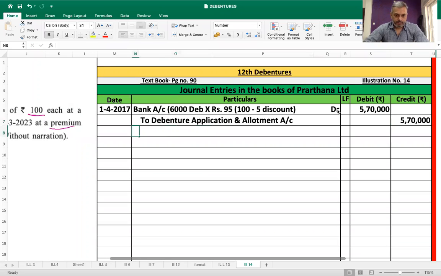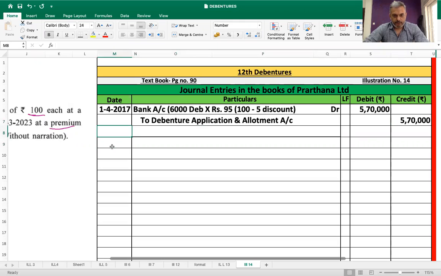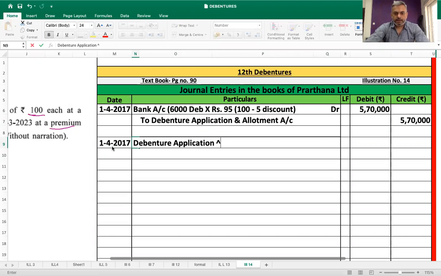5,70,000. This is a very simple entry, the first one, but the second one is very important. So please be careful. Debenture application and allotment account, debit 5,70,000. Now we are issuing this at a discount.